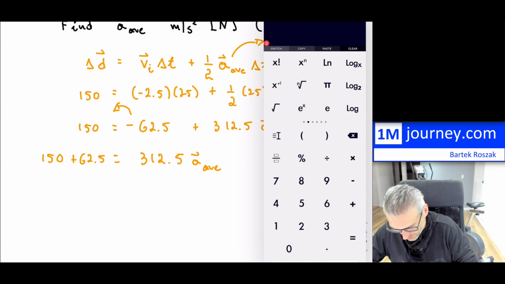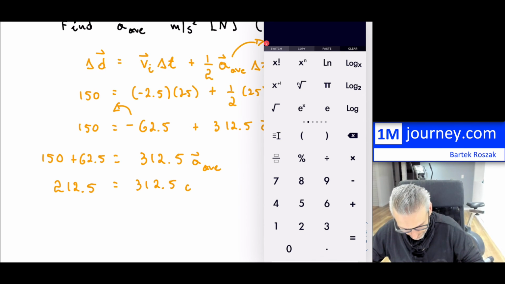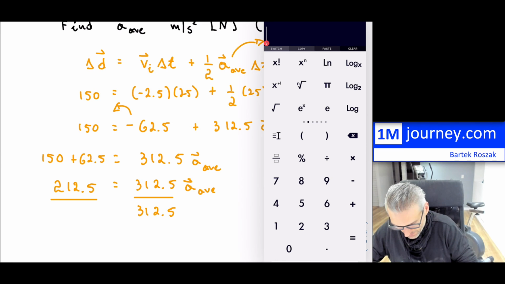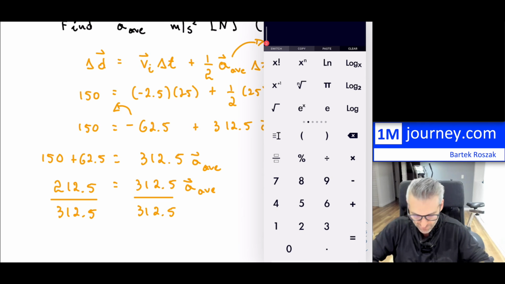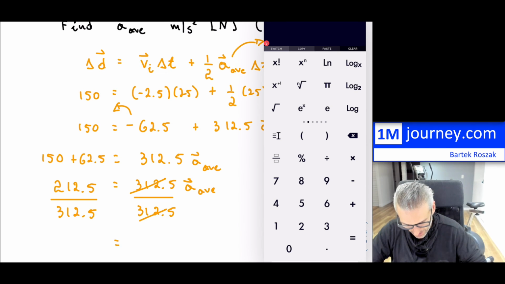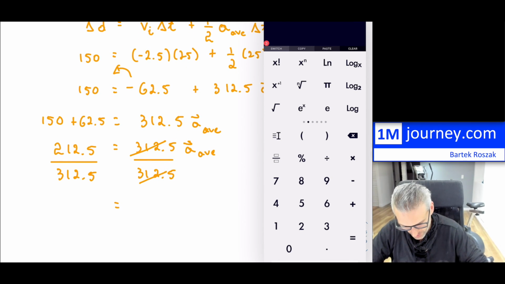I guess this is going to be 212.5. And so finally, dividing both sides by 312.5, there we have it. So that's gone, and this leaves us with what we wanted.